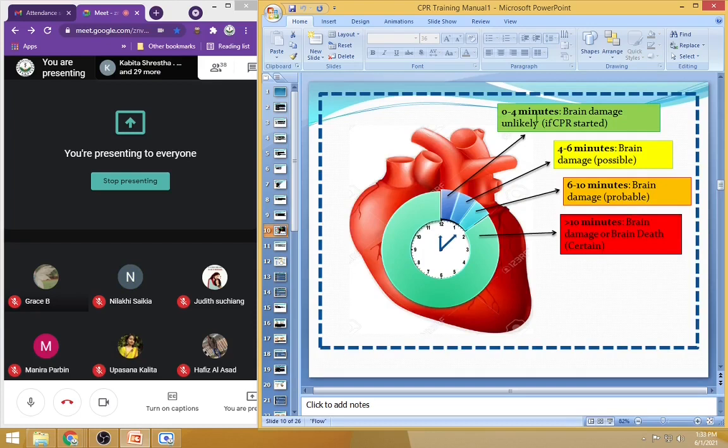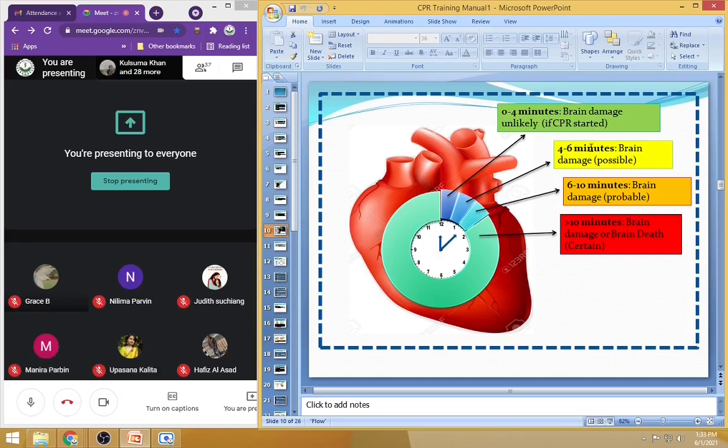0 to 4 minutes: if circulation, blood supply is not there, but ventilation and blood circulation are restored, brain damage is unlikely. The person can survive 0 to 4 minutes. If CPR is started within that time, the person will survive.